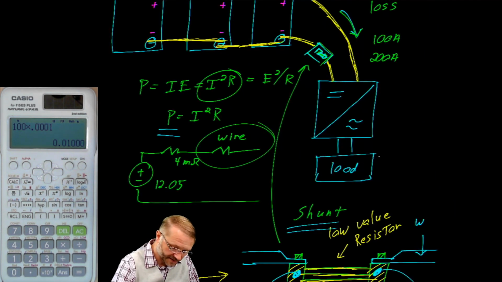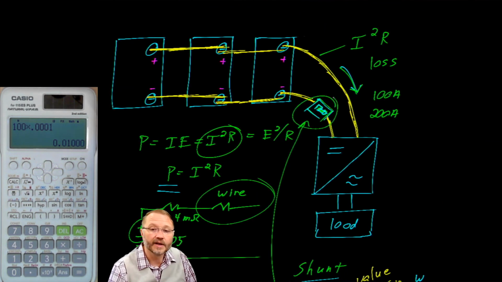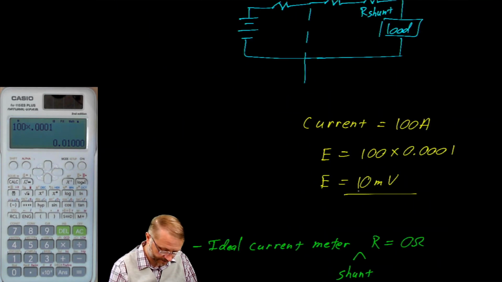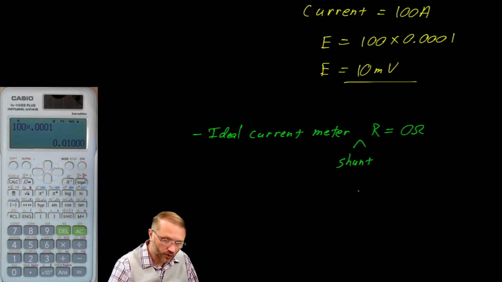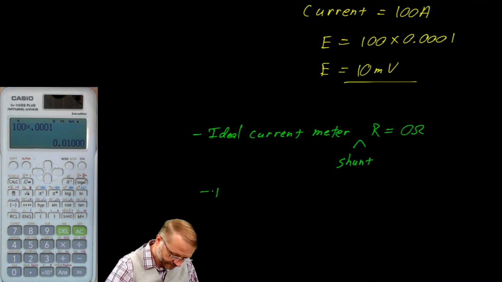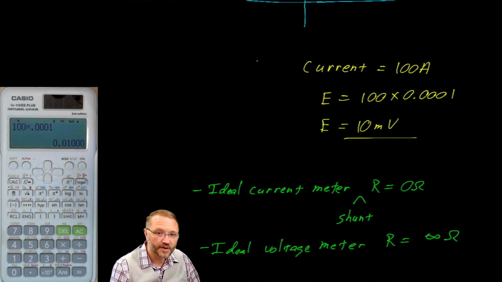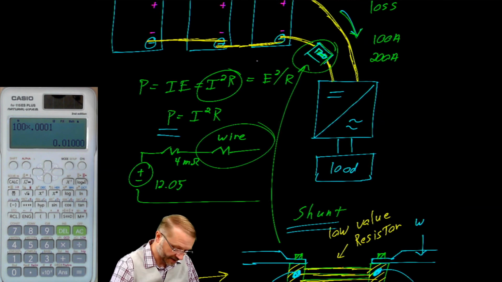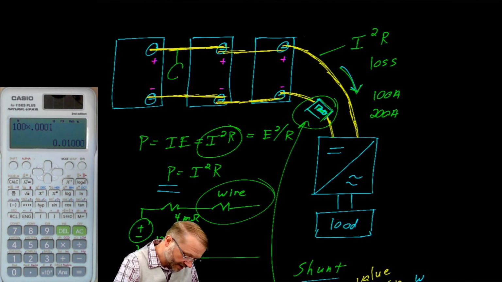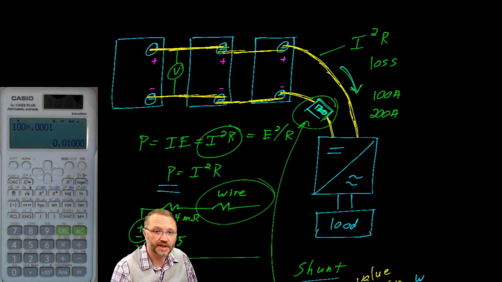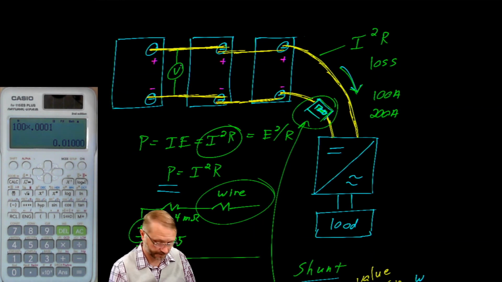Because if you were to break the circuit and put your current meter right there, you want to have the lowest value possible for the current flowing through your meter. Of course, the voltmeters are the other way, which means you could take your ideal voltage meter and put it right here, and it would not load the circuit down at all.